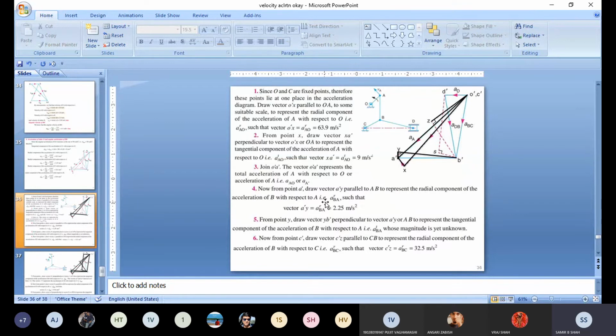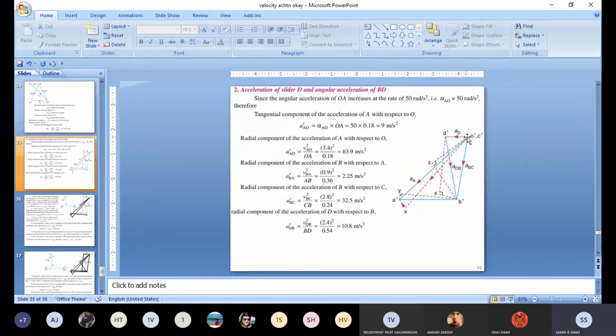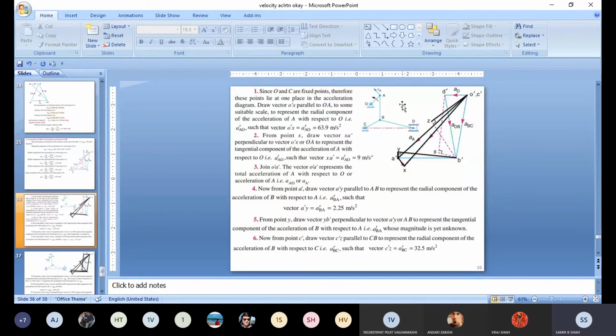Now we talk about the radial part of BC, which is parallel to BC. You can see it here, BC is parallel here. You can see with the Z line also, which is easily shown here, O dash Z, which is parallel to BC and passes from point C dash.